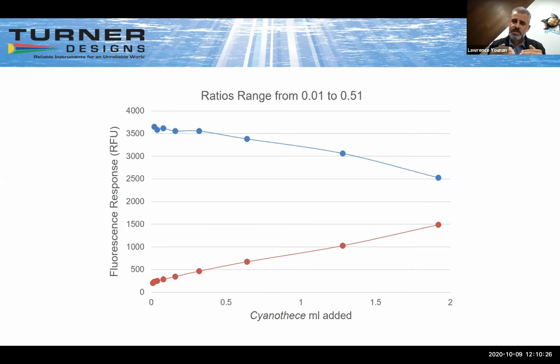And what I'm doing is I'm using a ratio method here. So I'm ratioing PC to chlorophyll. And I'm trying to determine if my ratio reflects the percentage of cyanobacteria that is in my cuvette. And you can see at the end of the experiment here, we add almost 2 milliliters of cyanobacteria to our initial 2 milliliters of green algae.